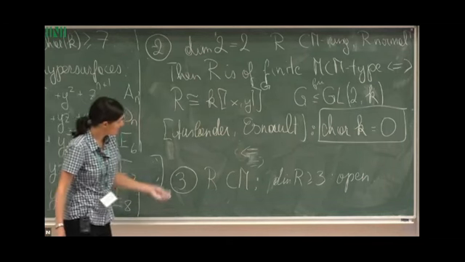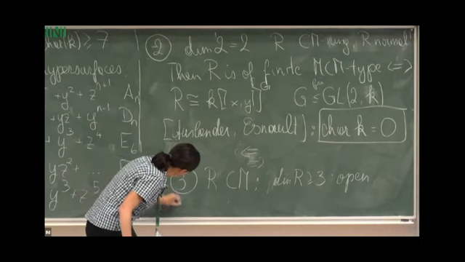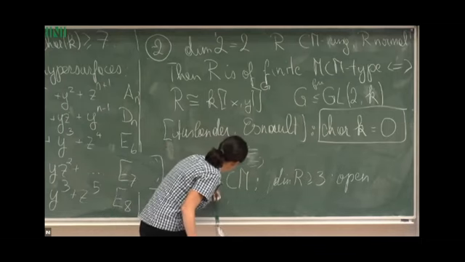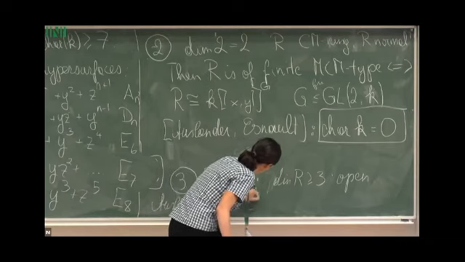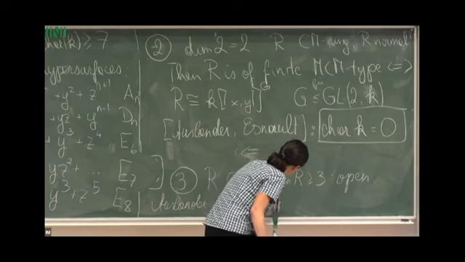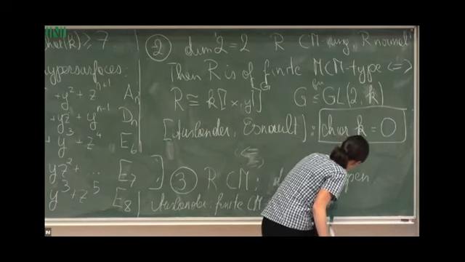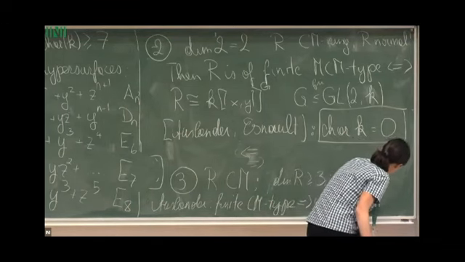One thing that is known is the theorem of Auslander that says that finite Cohen-Macaulay type implies isolated singularity.